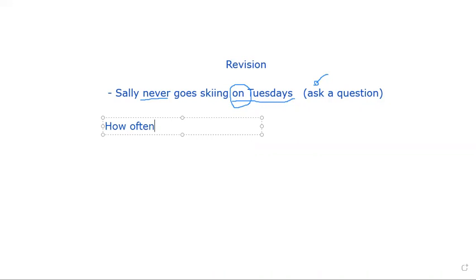So notice that we don't have a yes or no in the sentence. So this is not a yes or no question. We cannot start with the verb. We cannot ask, does Sally go skiing on Tuesday? Because we don't have a yes or a no in the sentence. So a yes or no question is going to be incorrect.